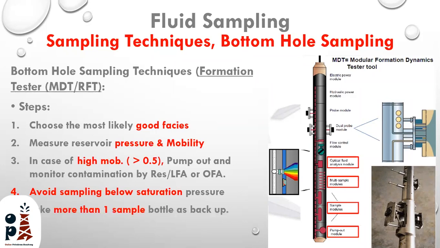Also, we can take more than one sample, one as the main sample that will be sent to the lab for experiments, and the other as a backup sample. The sampling time depends on the cleaning and the amount of mud invasion into the reservoir, and also the formation mobility. If the mobility is very high, the sampling time will be very short.